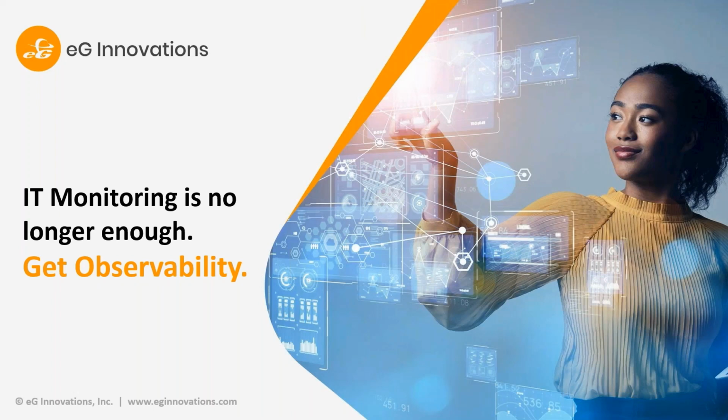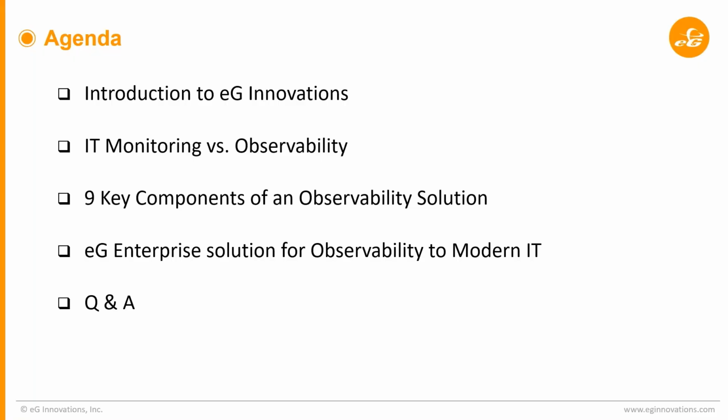Thanks, Shashidhar. Hi, everyone. Here's the agenda for today's presentation. In case you're not aware of EG Innovations, I'll give you a quick overview of who we are. Then we'll get to the crux of our discussion today, which is how observability is different from IT monitoring. We'll delve into 9 key components that you need in an observability solution.